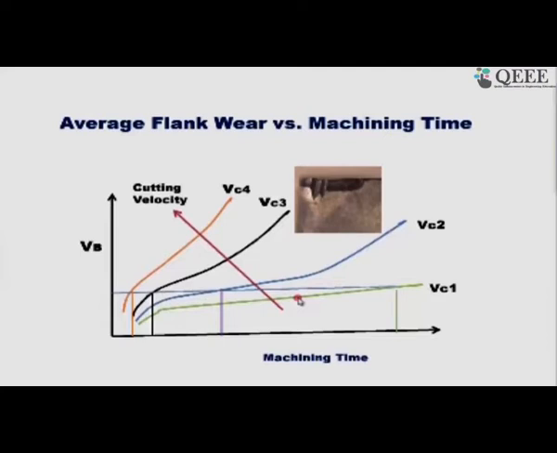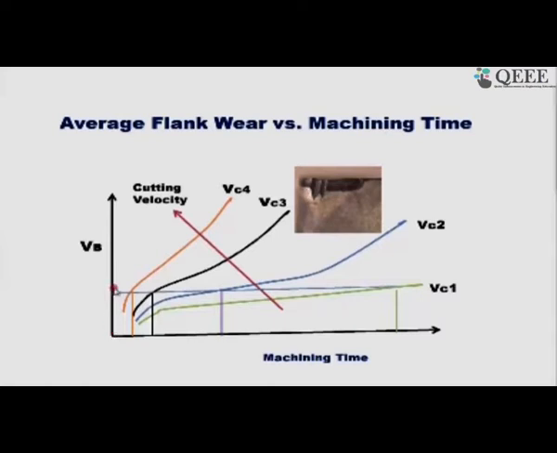So, you have to look for those materials, and finally, you keep a value of VB which is the ultimate limit for the tool to work. And if it is the limit in VB, it is a dimension of length. So, we put it as 0.3 millimeter or 300 micron average flank wear.